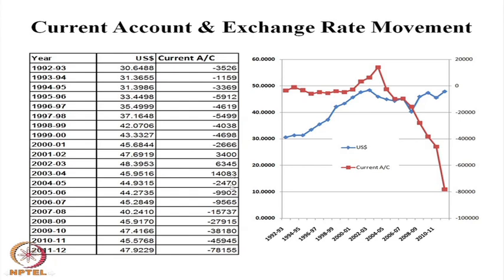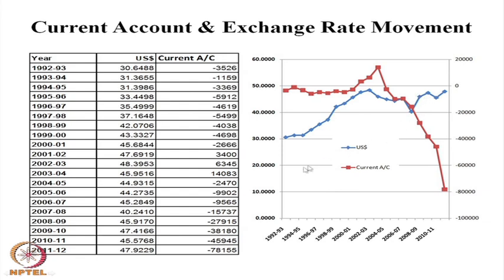The negative part is the deficit. What is the movement of the Indian rupee against the US dollar along with the current account? The red part is the current account deficit, and the blue part is the US dollar.